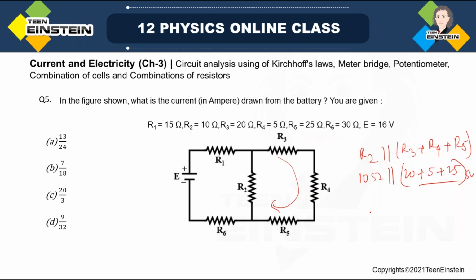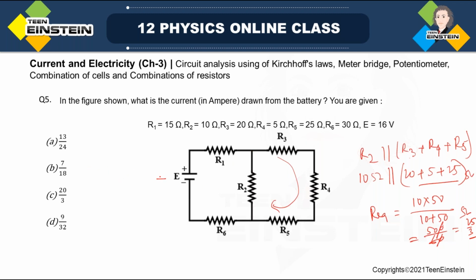So the equivalent resistance will be 10 into 50 divided by 10 plus 50. This is 500 divided by 60, so it is actually 25 by 3. Now I have got an equivalent circuit.